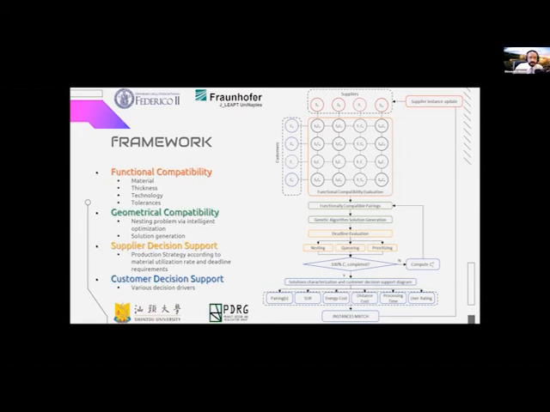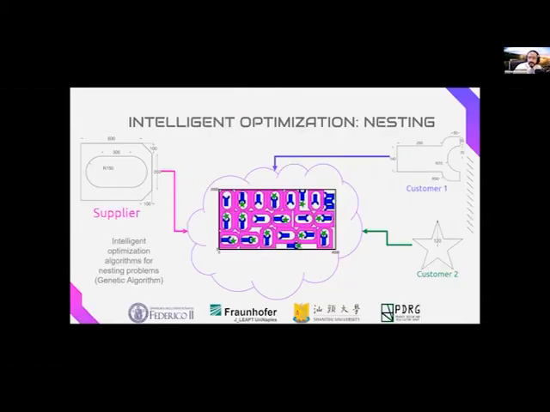Now, how does the matching actually happen? Imagine having a supplier instance with this geometry here, and on the other side of the world, you have another customer, number one or customer number two. And then, according to their geometrical requirements, the genetic algorithm performs this intelligent optimization, which is a nesting, in order to save and utilize as much material as possible.